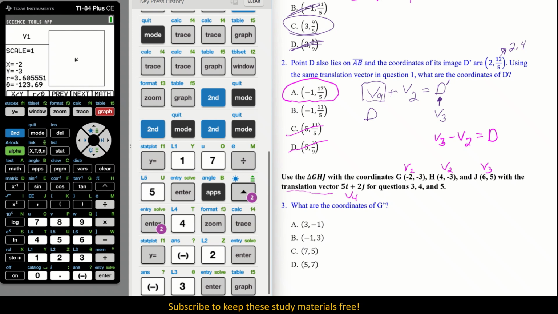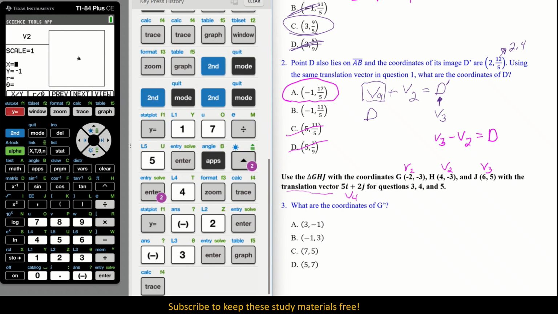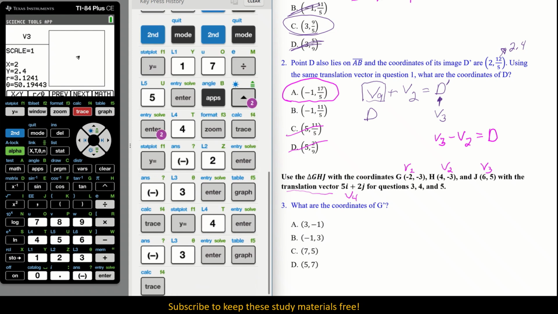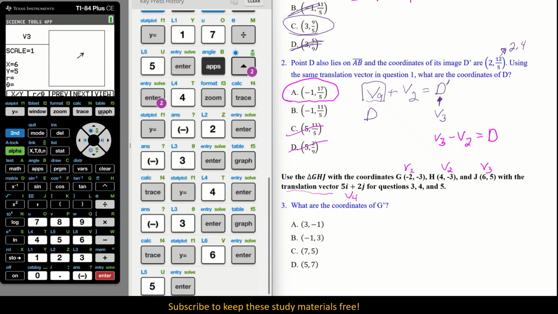Okay, it's good. Now go to next and your Y equals.